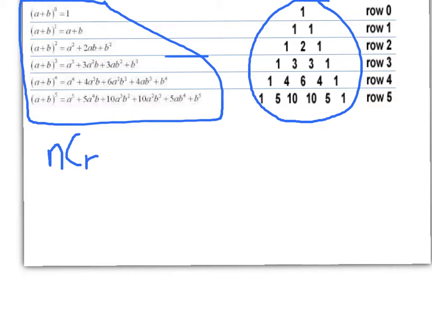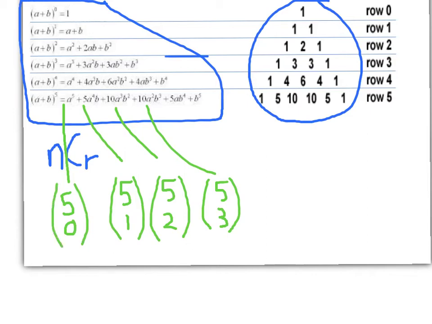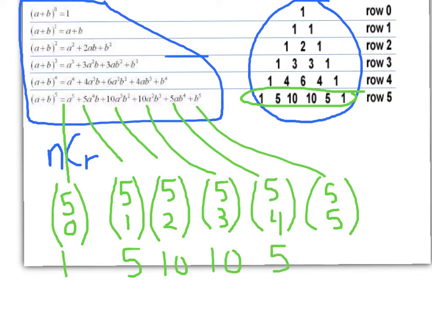Because if you look right here, this coefficient is 5 choose 0, and this coefficient is 5 choose 1, and this coefficient is 5 choose 2, and this coefficient is 5 choose 3, and those are now looking at all of the different ways I could expand something that had 5 possibilities. This is 5 choose 4, this is 5 choose 5, and if I did those numbers using the nCr button, I would end up with 1, 5, 10, 10, 5, 1.